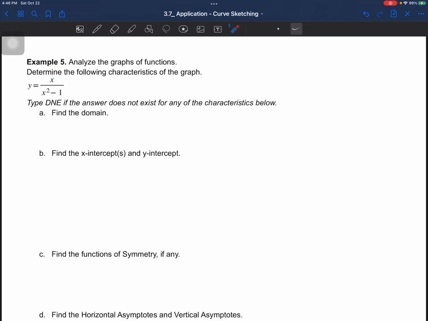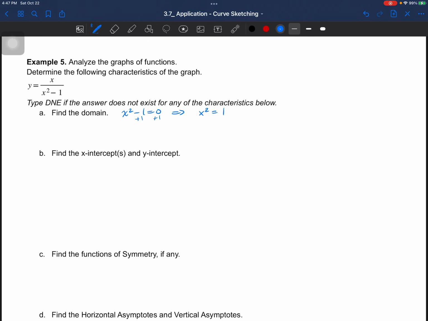In general, every function's domain is all real numbers except what makes the function undefined, right? So what values of x make this function undefined? By looking at this, it's whenever the denominator is 0, because a 0 in the denominator makes the function undefined.